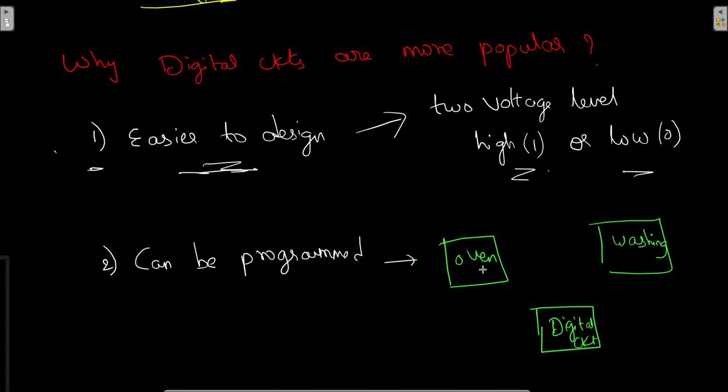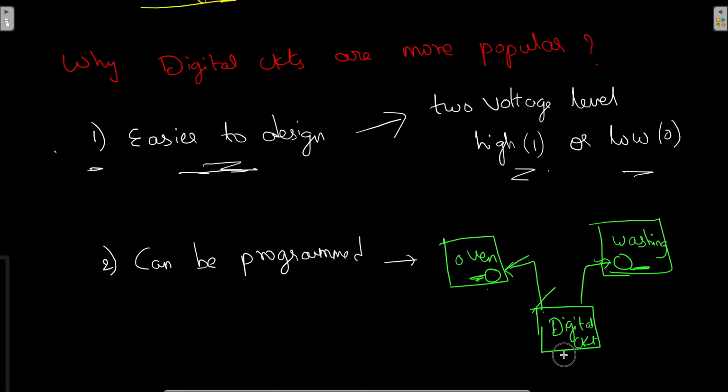Coming to the functionalities, the oven will work differently, the washing machine's functionality is different. But for the oven and for the washing machine, I am using the same circuit. I am installing the same circuit in both.